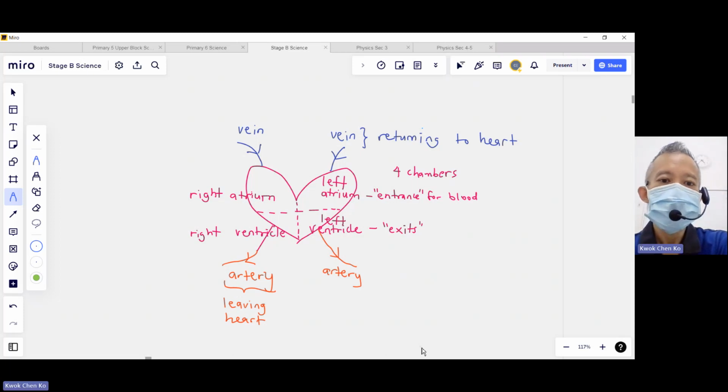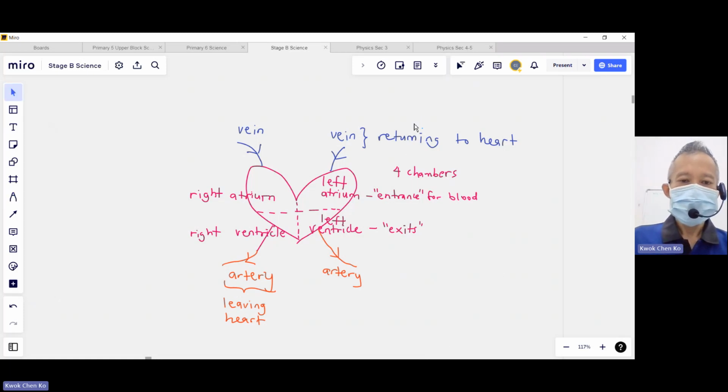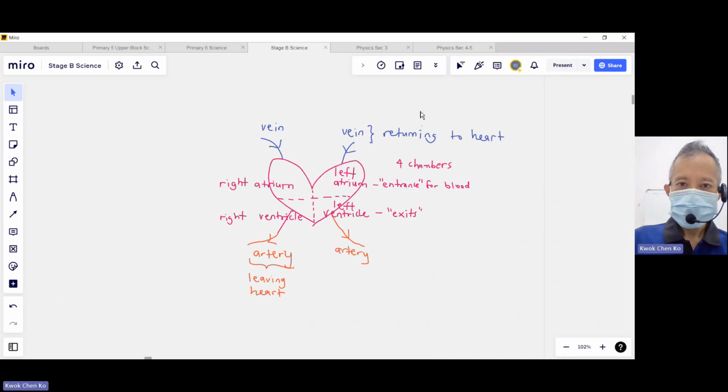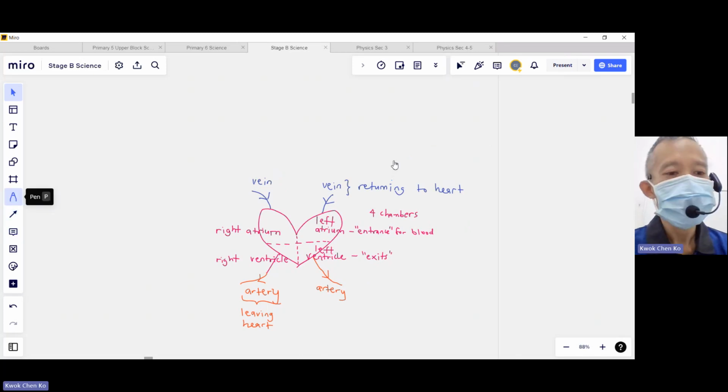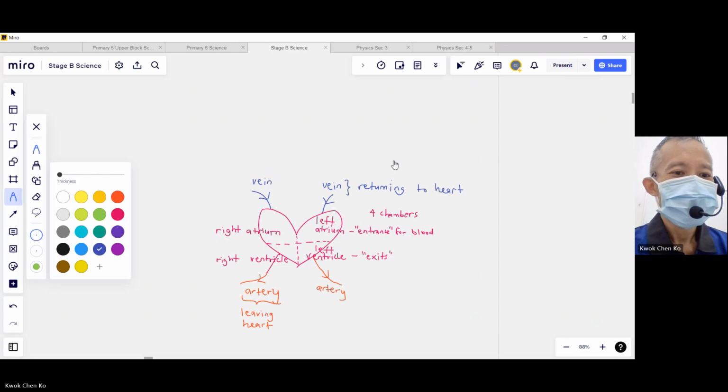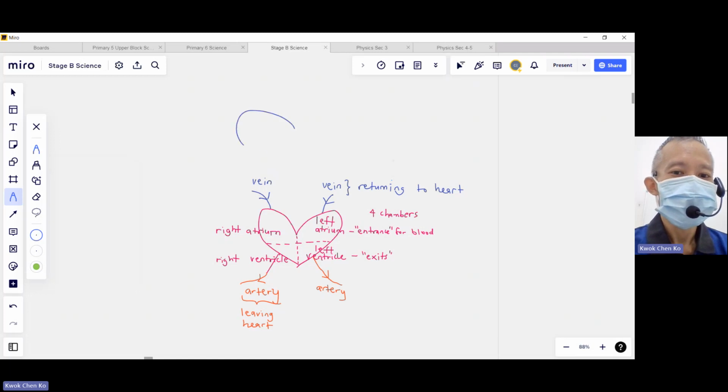But of course, where did they go to? Well, you should have learned that in primary school. Before that, what is above your heart, or close to your heart? Tingshan, what's close to your heart? Yes, of course, you have your lungs.